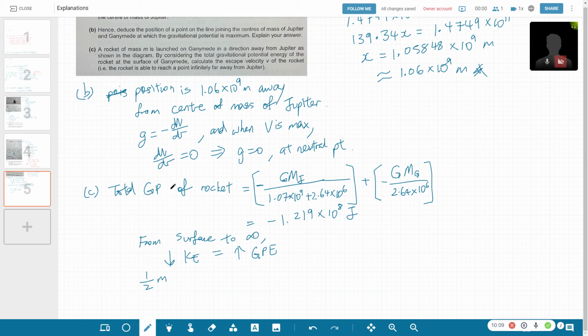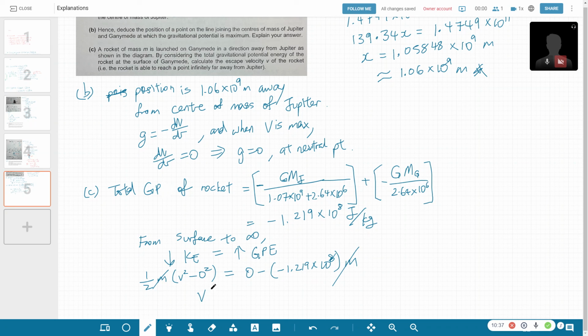So it's joules per kg. Now we put the mass of the rocket here. V square minus 0 square. Loss is initial minus final; this is final minus initial, which is negative 1.219 times 10 power 8 multiplied by the mass of the rocket, which cancels out. This will turn it positive.